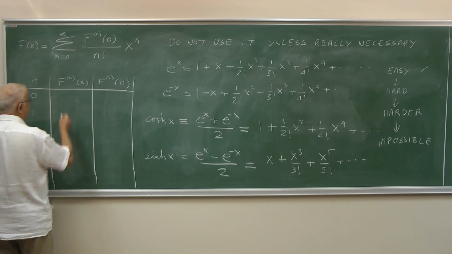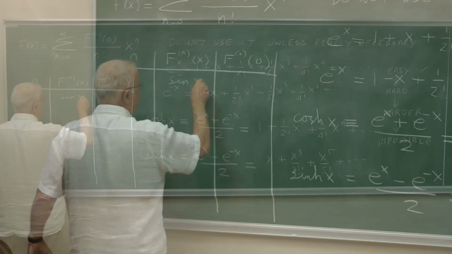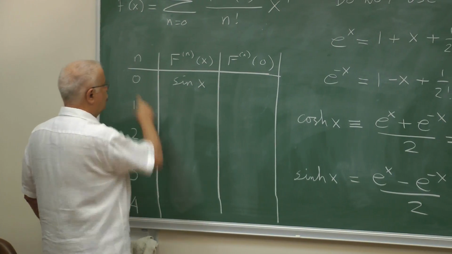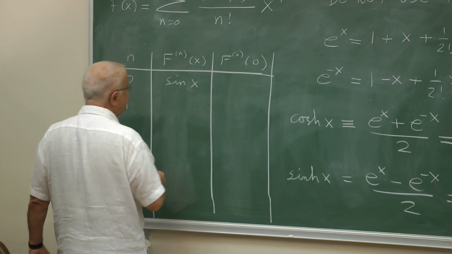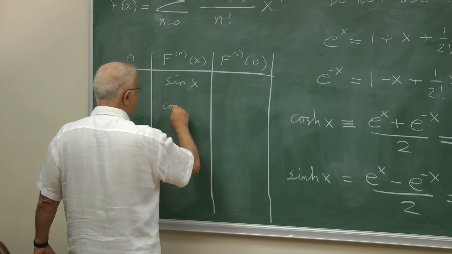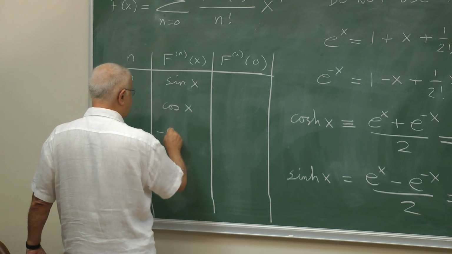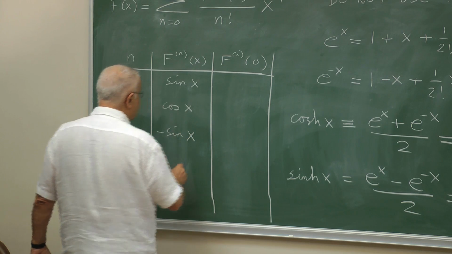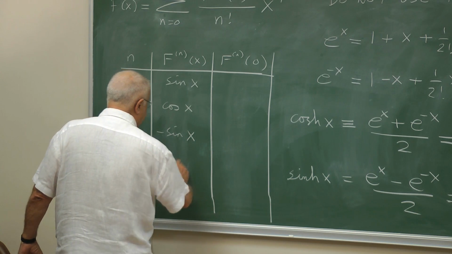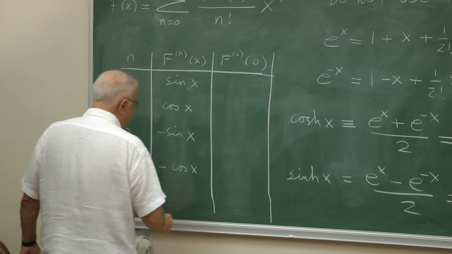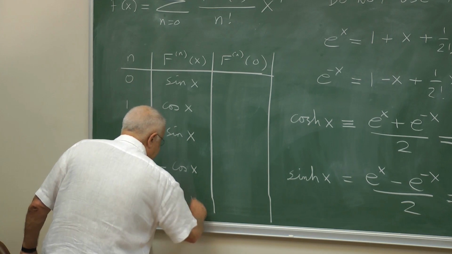Let me do sine. Sine x, what I write here, zeroth derivative of sine is sine itself. The first derivative is cosine x, another derivative minus sine x, another derivative minus cosine x, another derivative sine x.